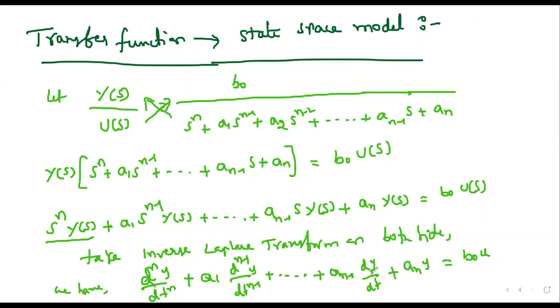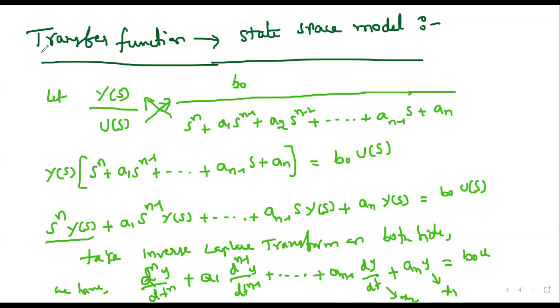Yes, sir. Now in this, we need to select the state variables from the differential equation. How many state variables are required? N state variables. Therefore, n state variables we select like this. Starting with the output variable as the first state variable, next its first order derivative is the second state variable, next derivative is x3 and so on.